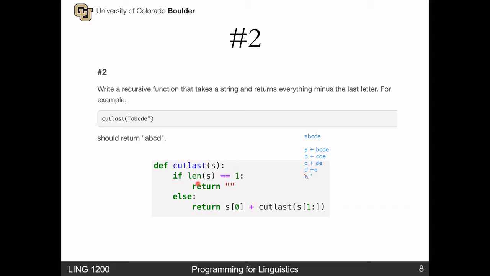So it doesn't matter what's in the string. When we've got down to that string with only one item, we don't want to return that final item. Instead, we're going to return an empty string, which will be returned here and concatenated to the first item of the previous list, which in this particular example would be D, and so on and so forth, back up the stack or down the stack.